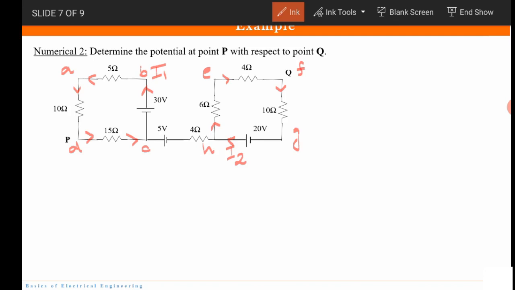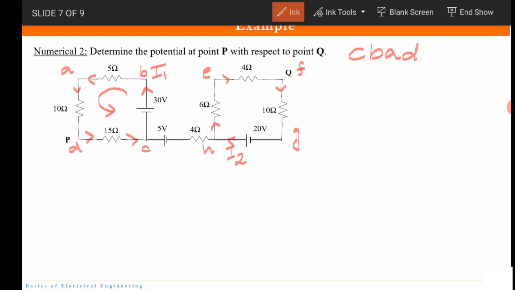Now we will apply KVL in this loop. Okay. And we are going through path C, B, A, D. So we have to name the loop according to the direction we are moving. Fine. So how to write this? Now CB. What is there in CB? What is there in CB? You have 30 volts power supply.